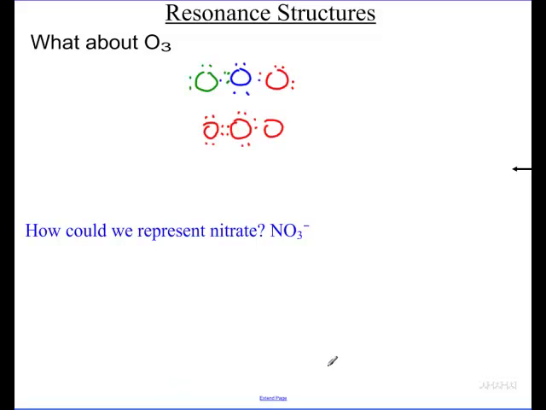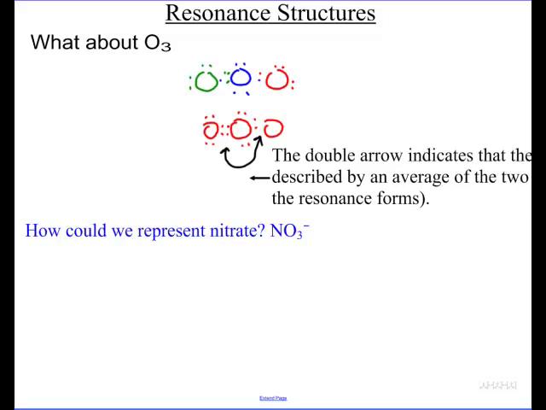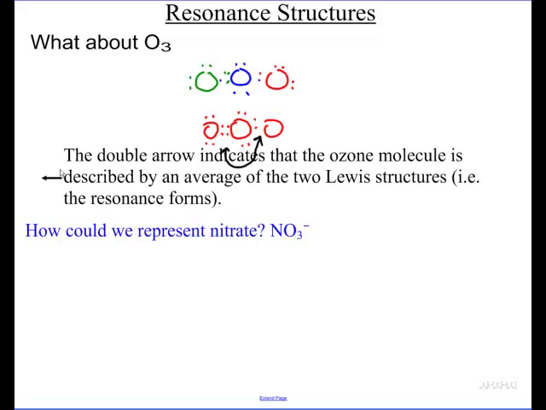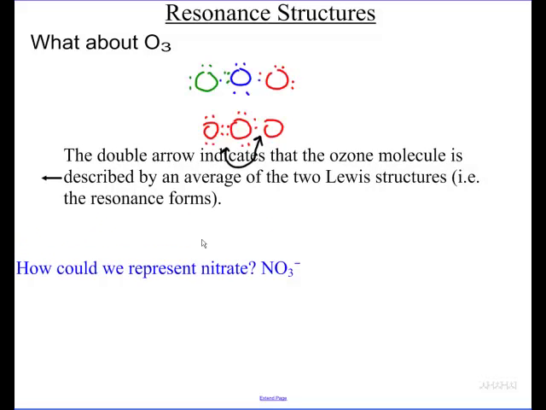But here's a problem. How do I know that this double bond is not really over here? I mean, what's going on? What's to say it's not over there, right? And so this is one of the shortcomings of the Lewis dot structures.